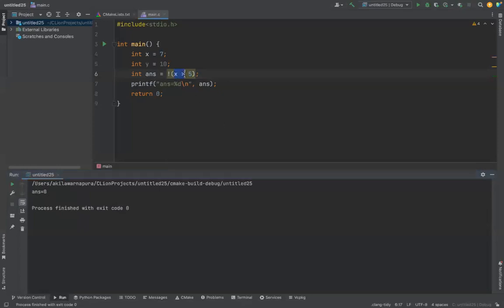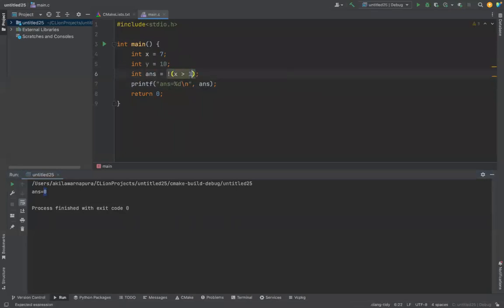That means this expression gives true because x is 7, greater than 5. The output of the bracket is 1. But the condition mentioned is to get the negation of that one. That output is 1, that means true, the negation is false, therefore the output is false.